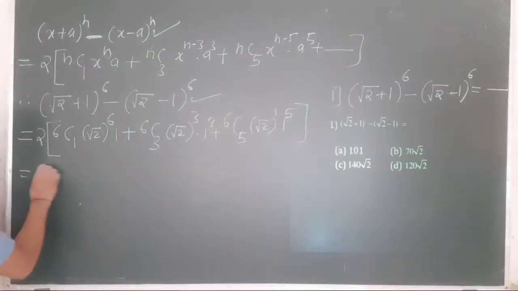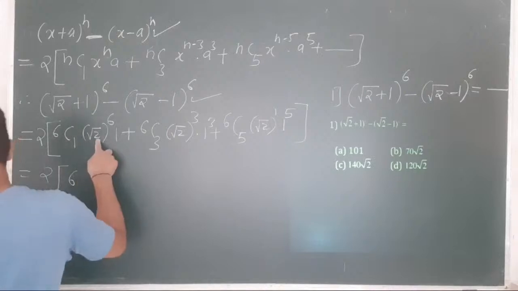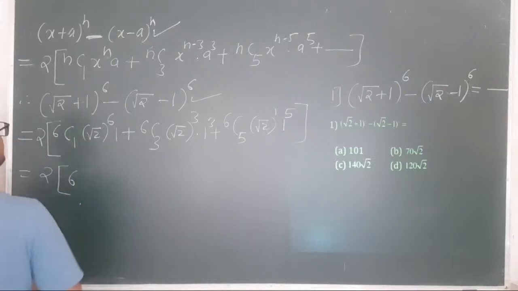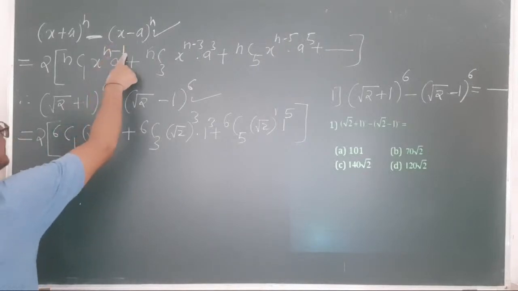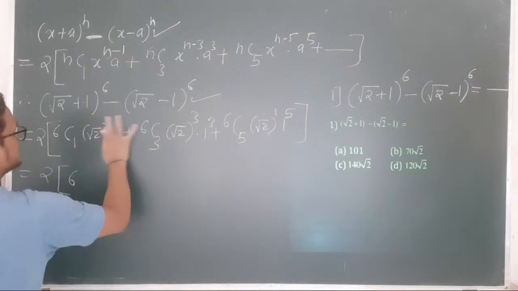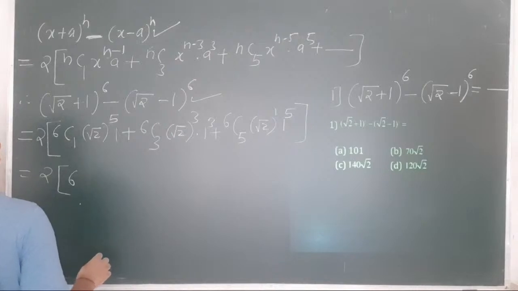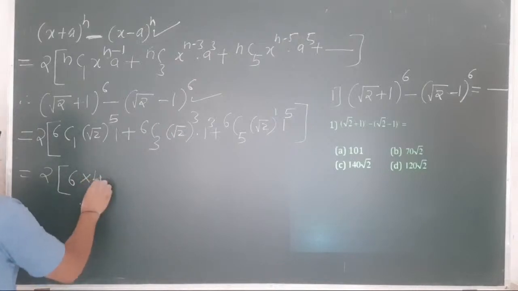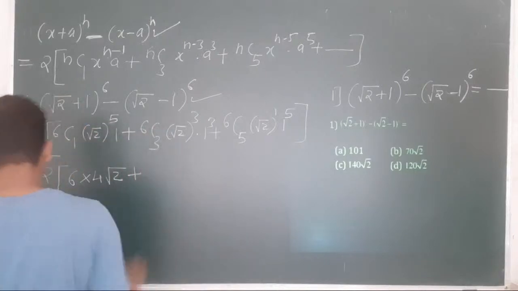Now you have to simplify this. 2 into 6C1 is 6. Now, some mistake I have done, here it is n minus 1, so 6 minus 1 is how much? 5. So root 2 to the power 5 can be written as 4 root 2, plus 6C3.